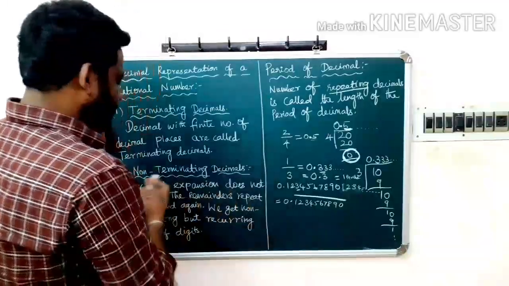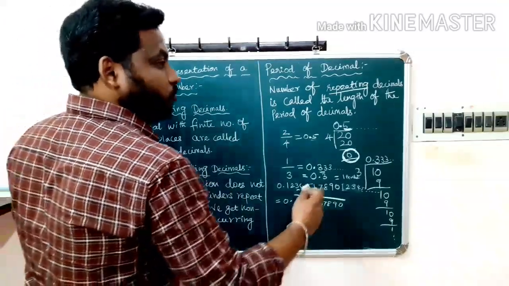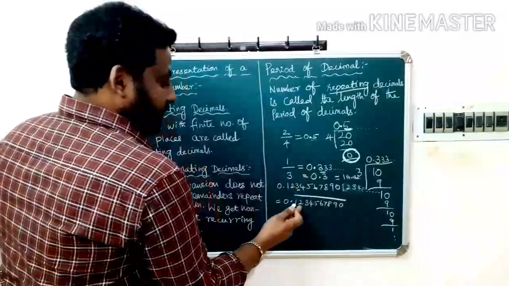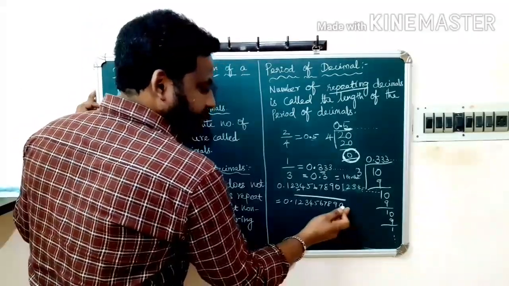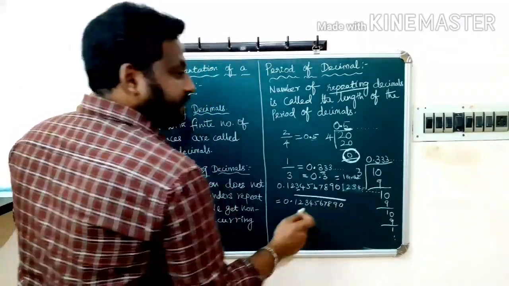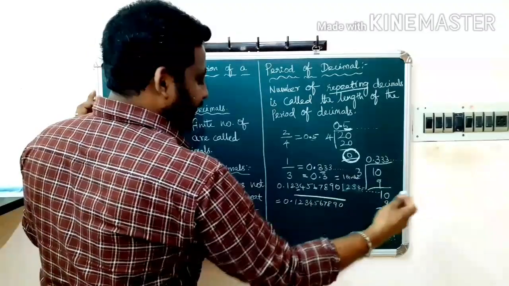This is non-terminating, because the digits go on to infinity, but the same 10 digits are repeating again and again.